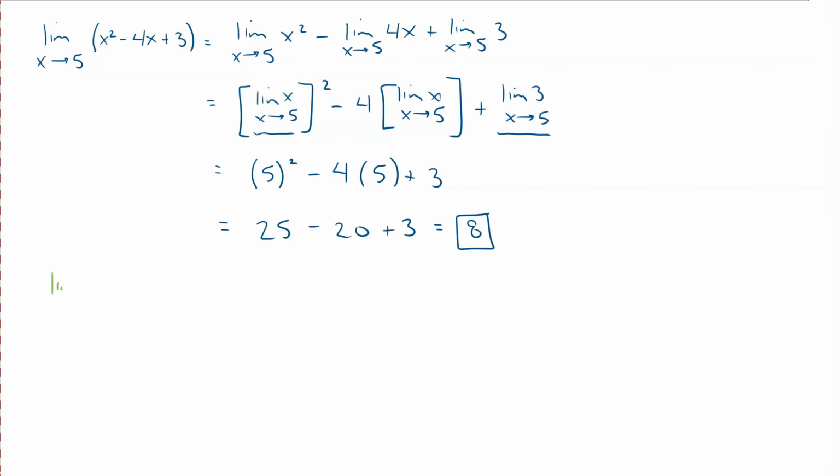Try another. Evaluate the limit and see what you can come up with. Using our properties, we can separate the different pieces of this limit to look like this.